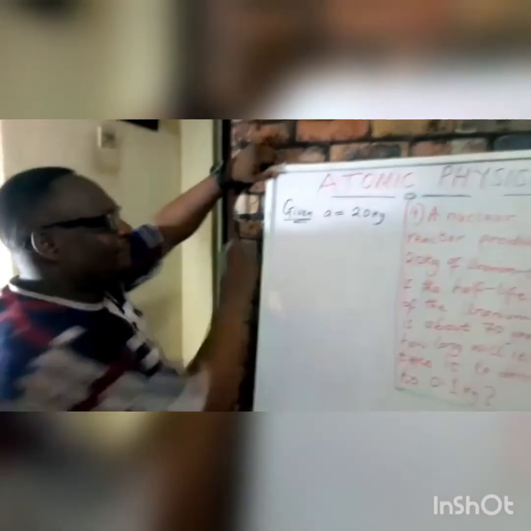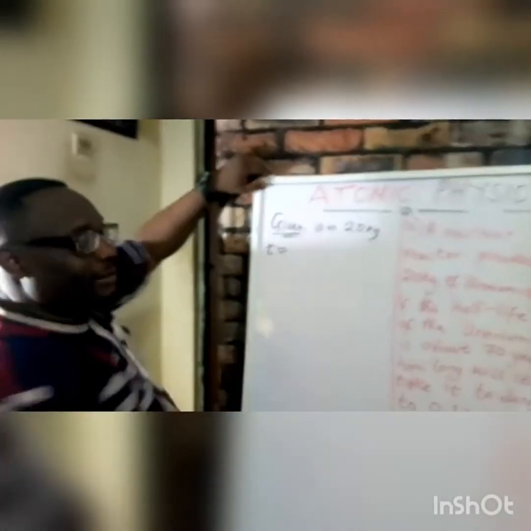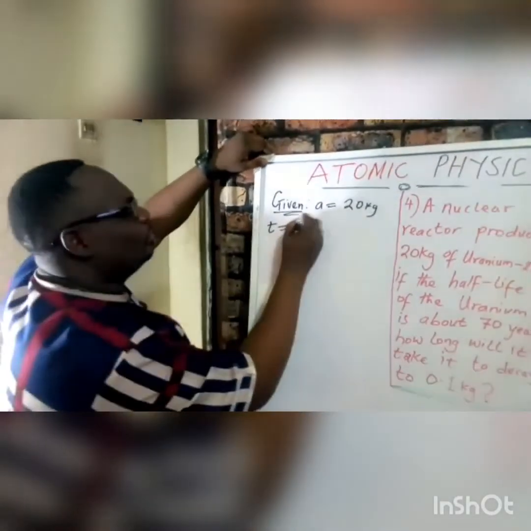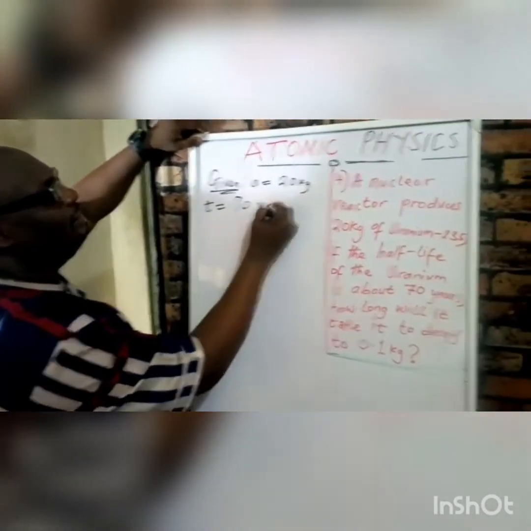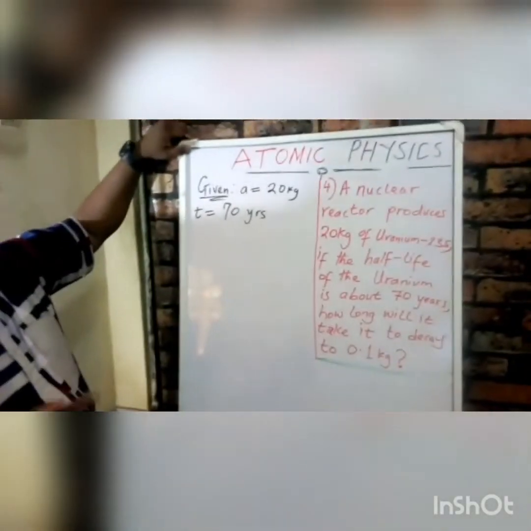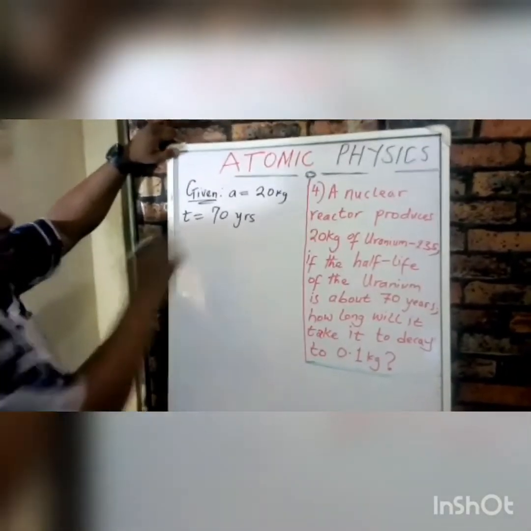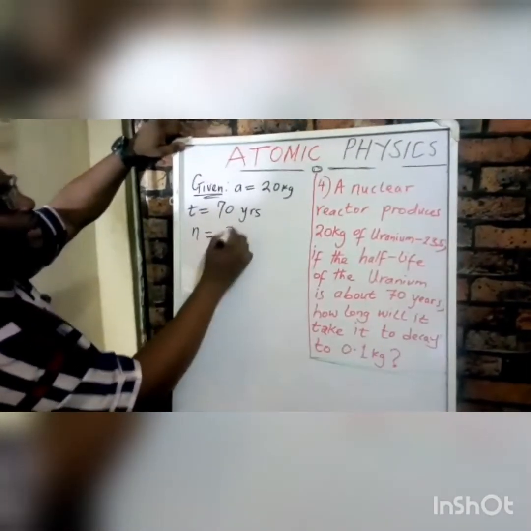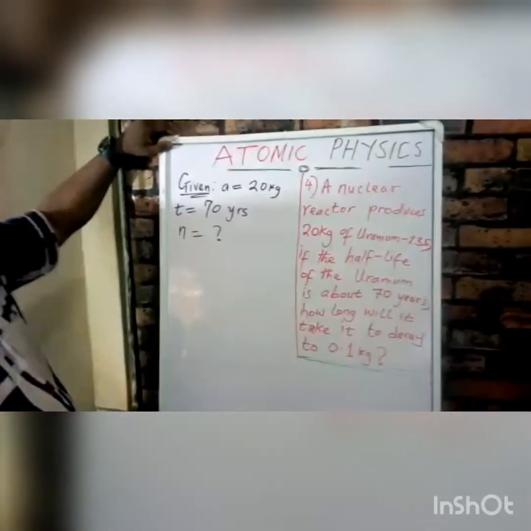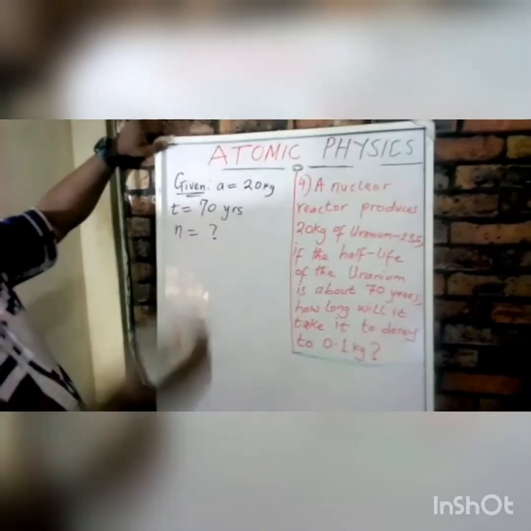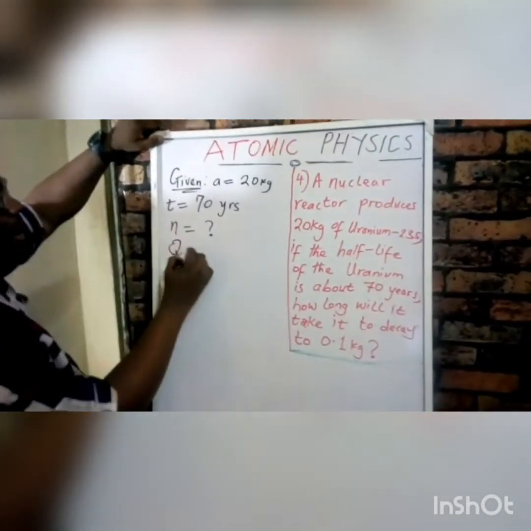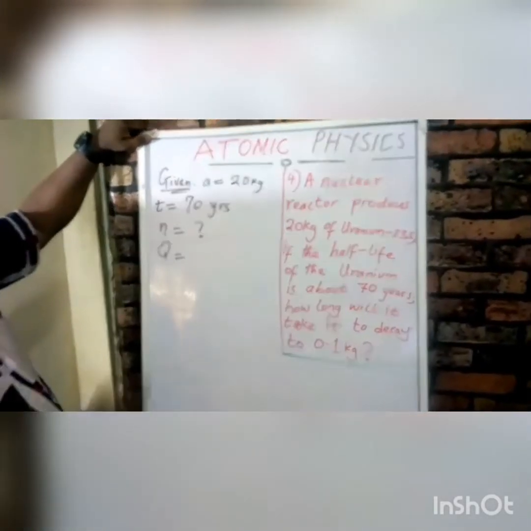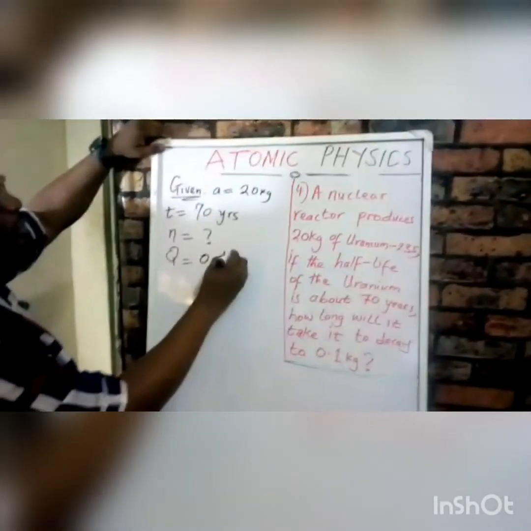If the half-life, that's T, is about 70 years, so I have to assume 70 years as the half-life, how long will it take? Again, required time. How long will it take to decay to 0.1 kilogram? So the remaining amount is now 0.1 kilogram.